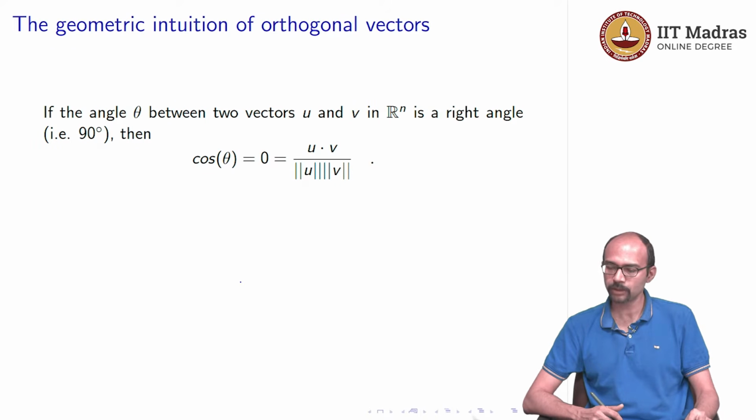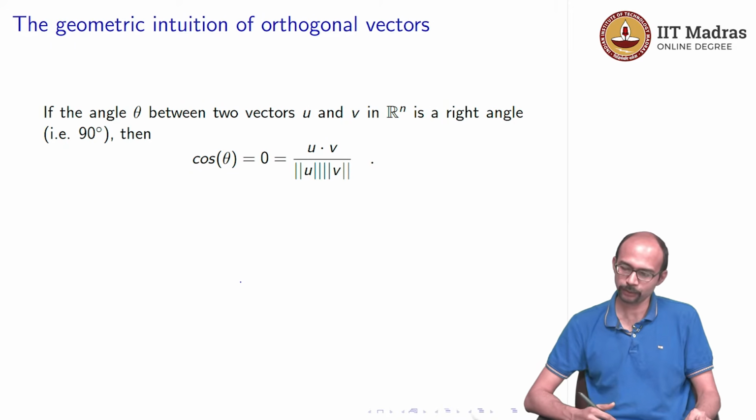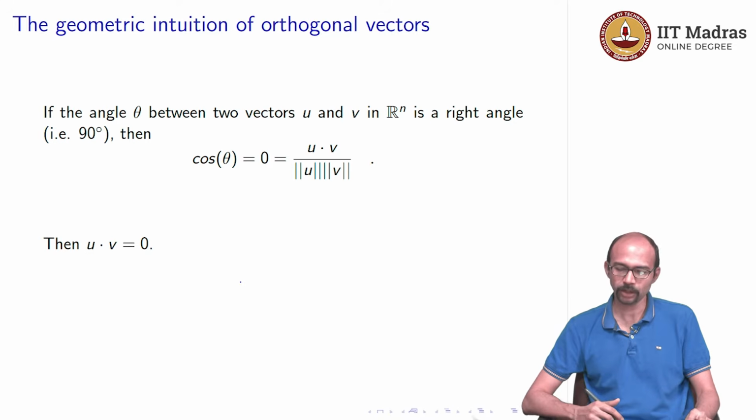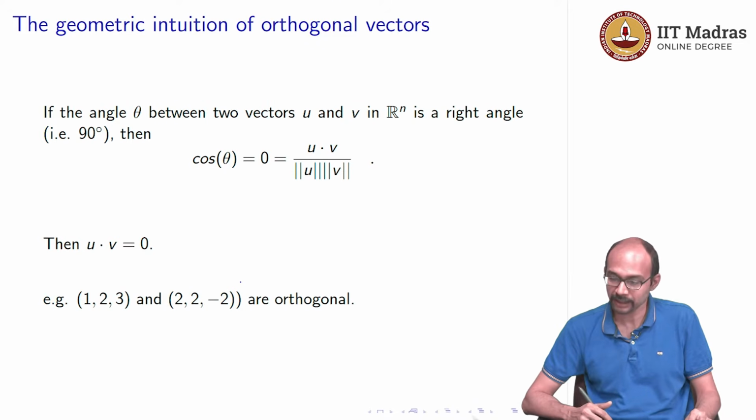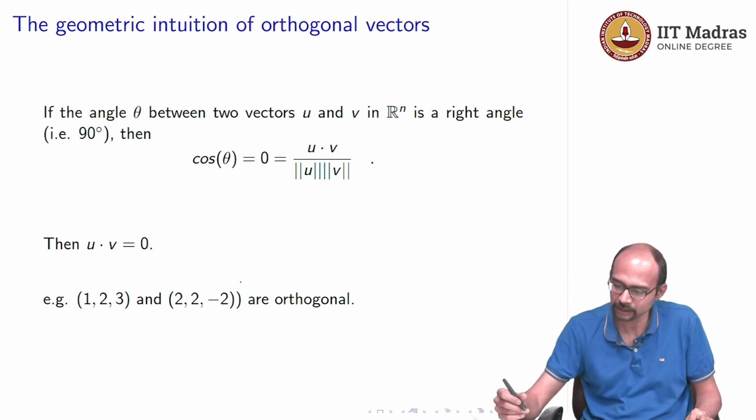So 0 is u dot v divided by norm of u times norm of v. If we have a ratio which is 0, then the numerator is 0. So this means u dot v is 0. This is exactly what we mean by saying two vectors are orthogonal. Two vectors in Rn are orthogonal when they form a right angle, they are at right angles to each other.